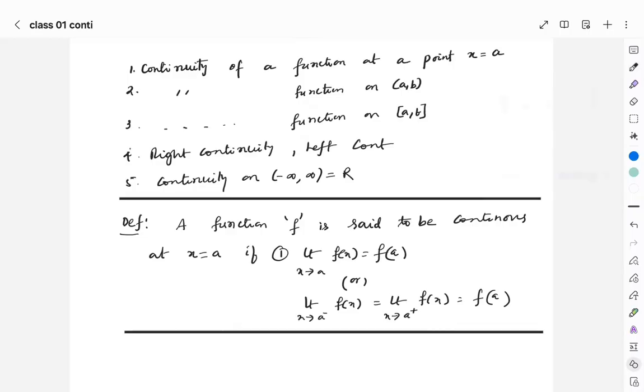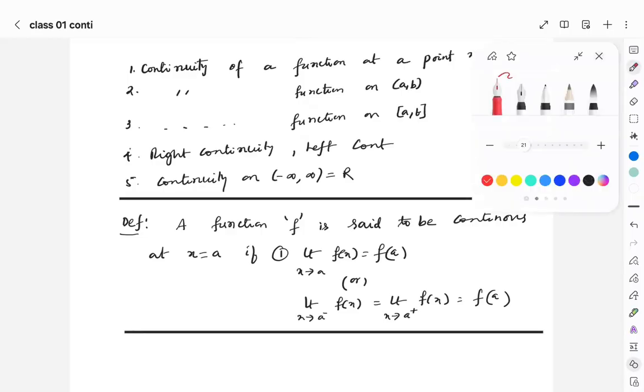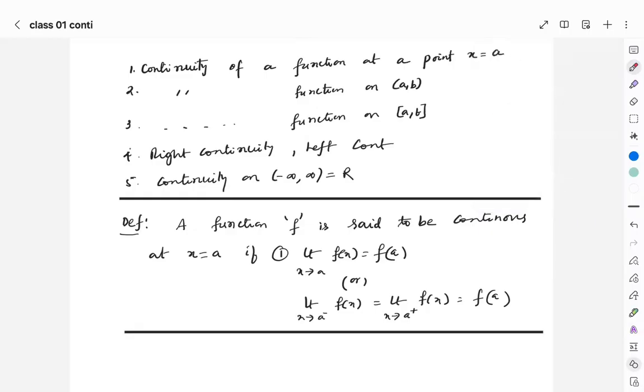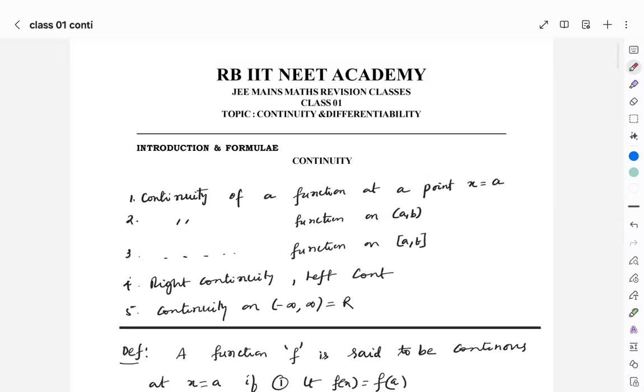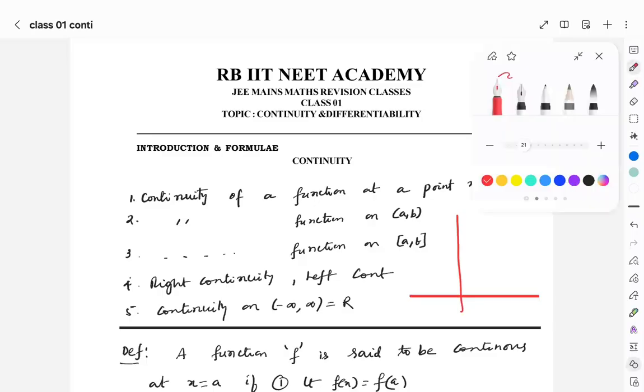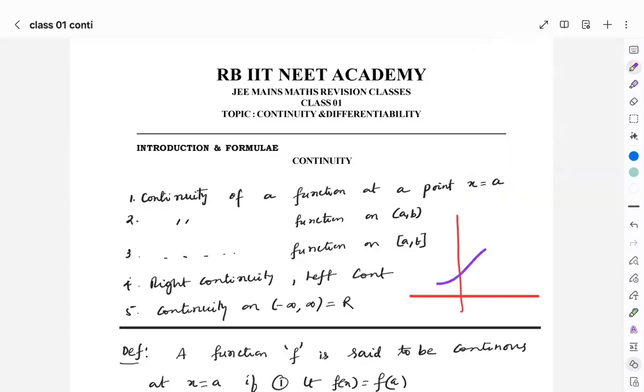What exactly is this? What exactly is discontinuous? What exactly is continuous? Any graph, if you take, for example, a graph like this. Graph means what?